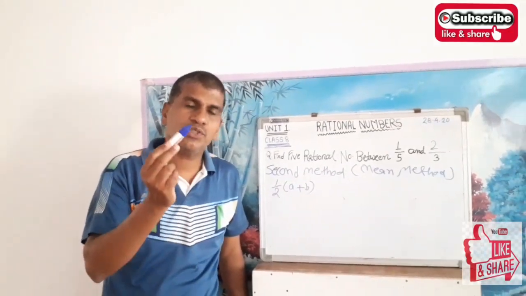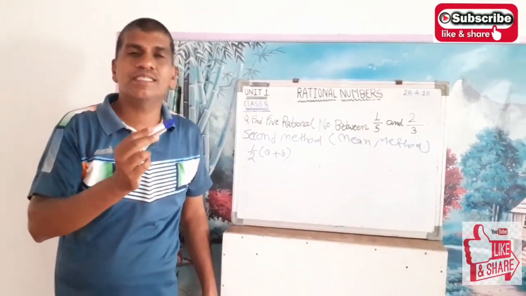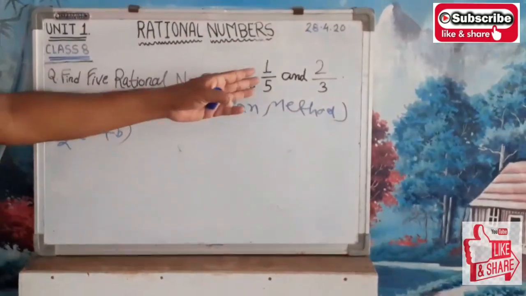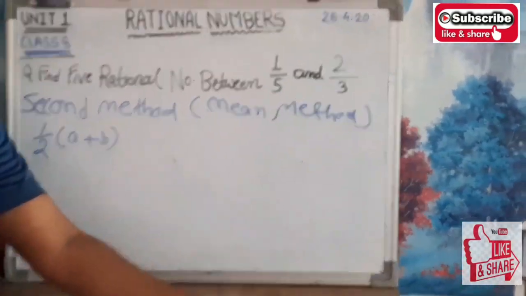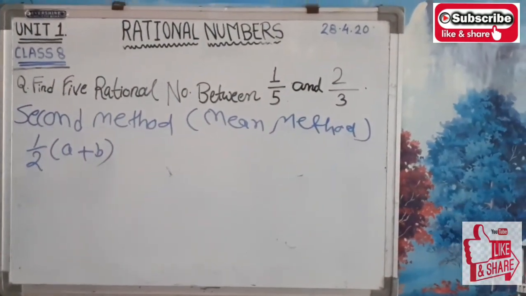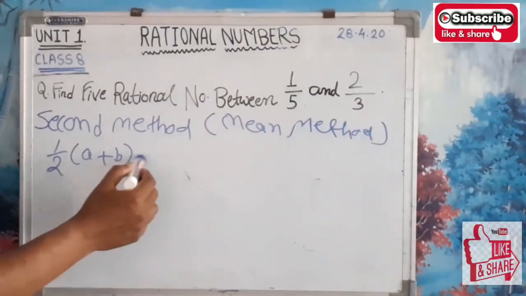Now I am going to tell you about the second method. The second method is known as the mean method. Consider one fraction as A and the second fraction as B. The mean of A and B is (A plus B) by 2, or we can say half of (A plus B). Both are correct.